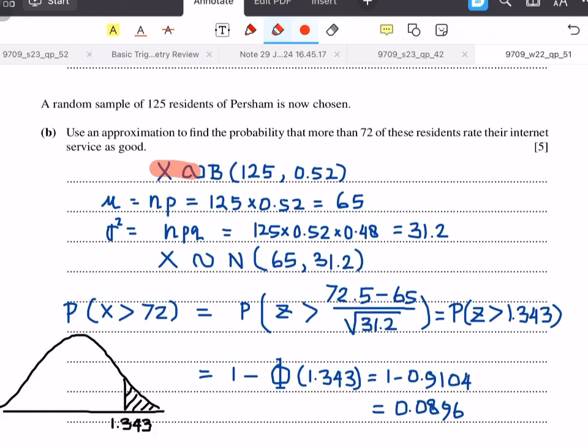So now X follows the binomial distribution with 125 independent trials and probability of success is 0.52. Since the value of n is quite big here, we are going to use approximation. We are going to use the normal distribution to approximate.